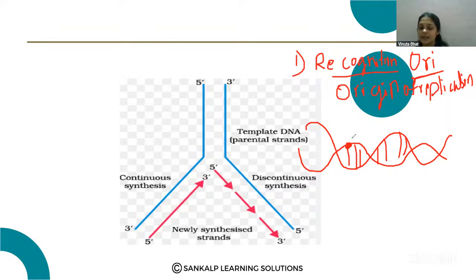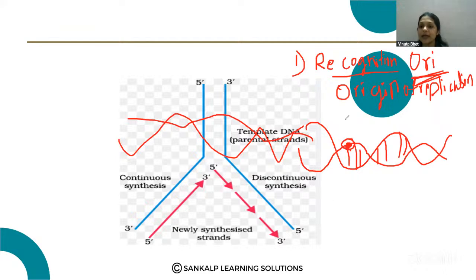Hence, this region is called the origin of replication. See, this DNA is this long, and replication starts from this one place. So that region is called the origin of replication.